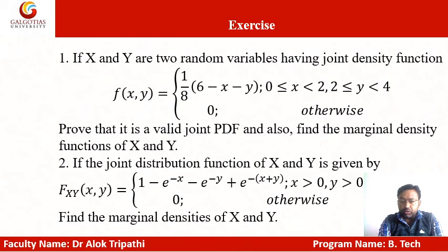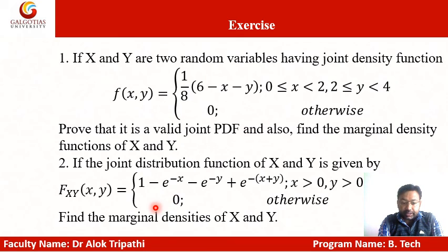Here I am giving you two exercises to clear your concept of joint probability density function and marginal distributions. In the first example you have to prove that this is a valid joint PDF, and you have to find the marginal density functions for x and y.